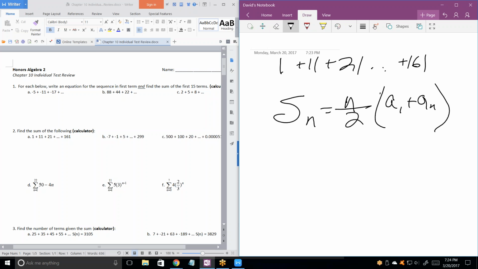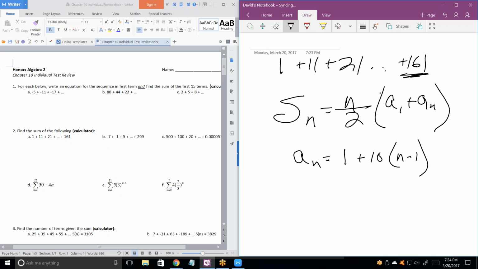All right, and the tricky part on this is that we need to figure out which term that is. Because if I'm going to sum up all of the numbers that go with this sequence, I know what a sub 1 is, but I don't know how many terms there are. So the first thing I got to do is solve. Well, I know that the general is 1 plus 10 times n minus 1.